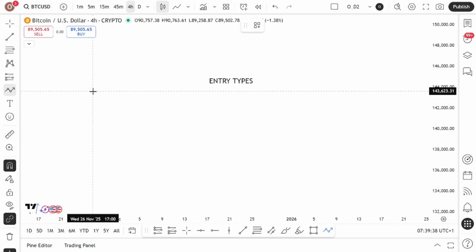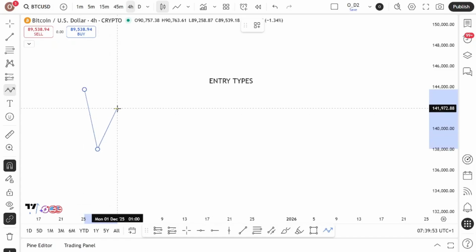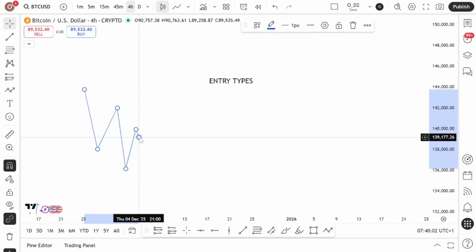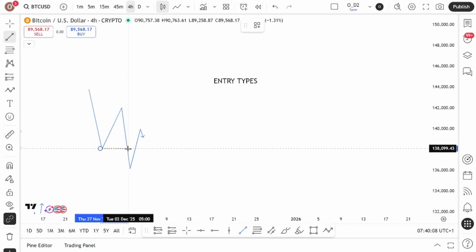We have three types of entries, just like I've said. Basically, two. One is the normal one that I've taught you guys. That is, let's say we are having a downtrend on the 4 hours time frame, and then price goes back. On the 4 hours, this will be your 4 hours shift.